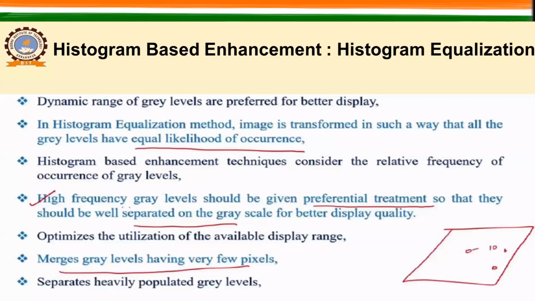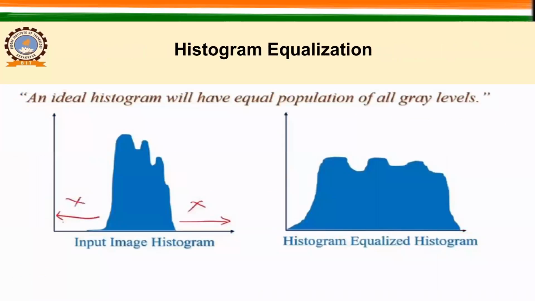So what happens here? It merges the gray levels having very few pixels and separates heavily populated gray levels. That is very important, right? Because it is doing the high frequency gray level separation. So an ideal histogram will be equal population of all gray levels.